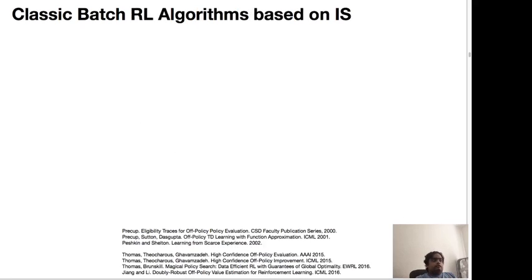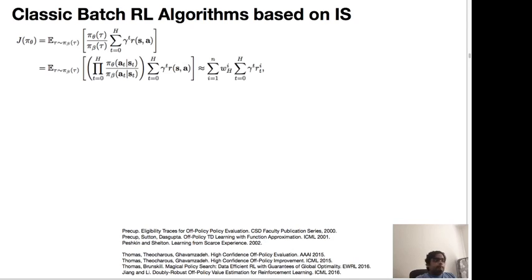The second set of algorithms that have been classically studied are those based on importance sampling. What we saw in an older policy gradient lecture was that you can estimate the return of a particular policy pi using importance sampling and trajectories from a different behavior policy pi beta.